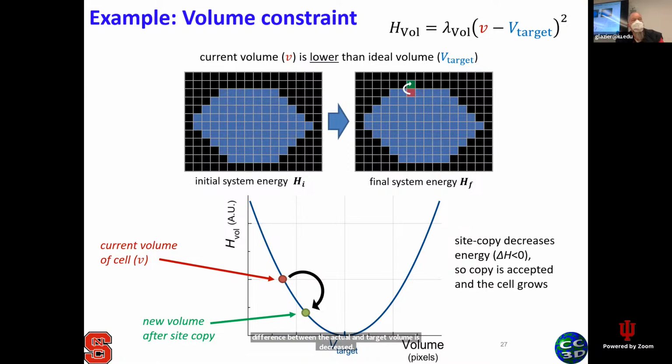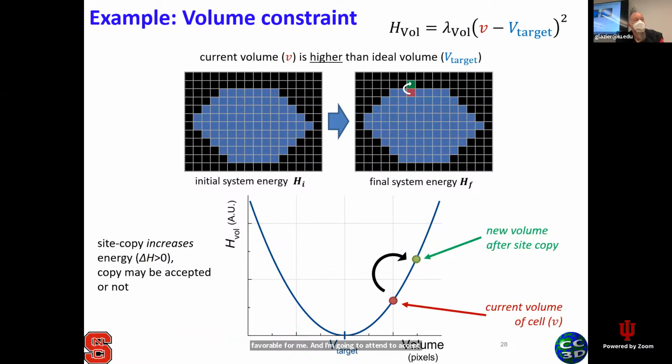In this case, the volume constraint is favorable for me, and I'm going to tend to accept that update. On the other hand, if the cell were already bigger than its target and I tried to extend it, now the volume energy is going to go up, the penalty will go up, and so the volume energy is pushing against extending that surface. We'll play with that and see what it does in just a minute.